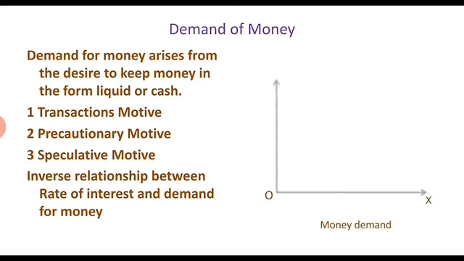Money demand is shown on the x-axis, rate of interest is shown on the y-axis. The LPC curve is the liquidity preference curve or money demand curve. When the rate of interest rises, the demand for money falls, and when the rate of interest falls, the demand for money rises.